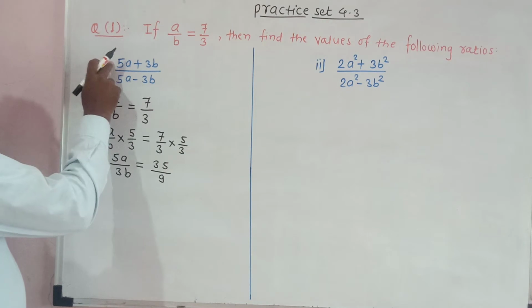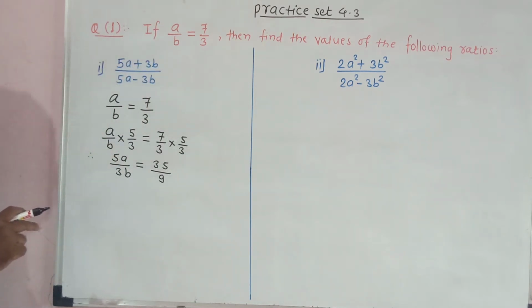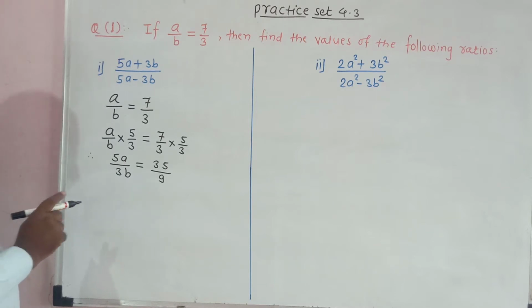Now here 5A plus 3B upon 5A minus 3B is componendo dividendo.